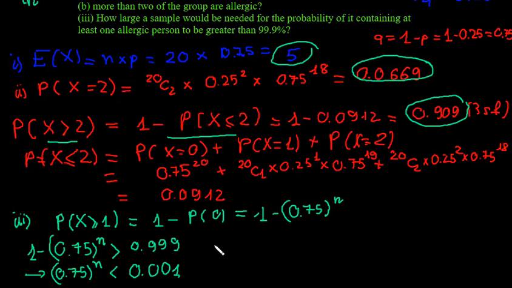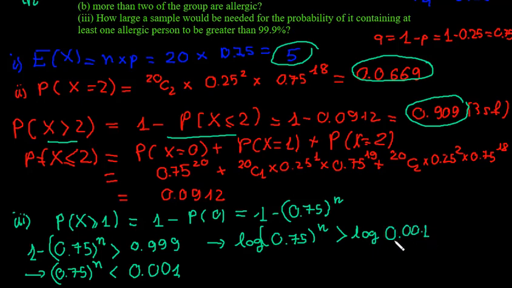We can use the logarithm, which you can learn in P2 and have a closer look at in P3. Now we'll use the logarithm to solve this question. I have log of 0.75 to the power n greater than log of 0.001.